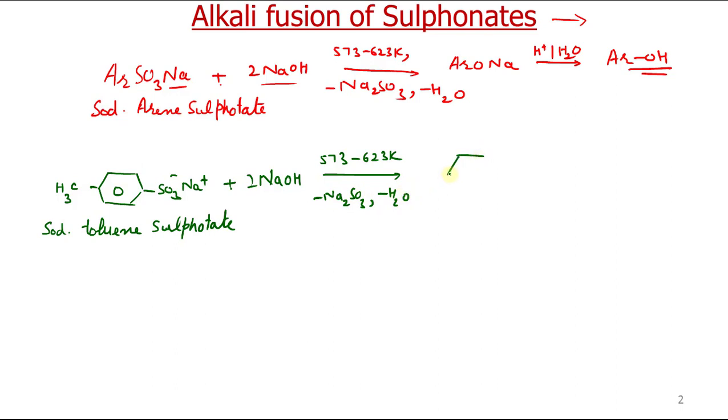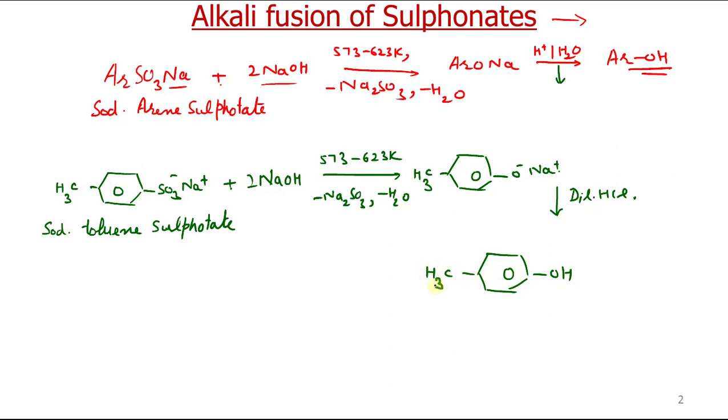So you get O negative Na positive, with CH3. Upon adding dilute HCl, or we can also write H positive, water, basically this is acidic hydrolysis. So what we get is OH with CH3. That is how we can synthesize phenols from sulfonates.